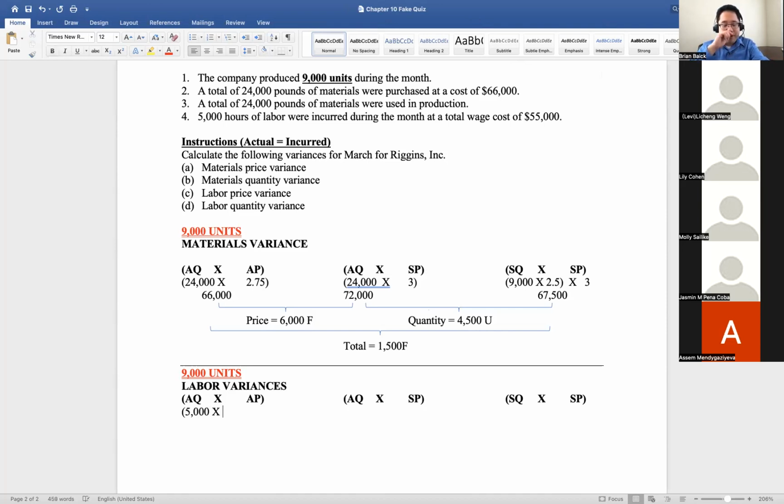Times how much did you pay per hour? I don't think it's 55,000. That would be awesome. I would probably quit my job at AU and take that job if it were 55,000. I bet you 55,000 is the total, right? So we have to do some math to get the actual price. Good, Molly. 55,000 divided by 5,000 is 11.